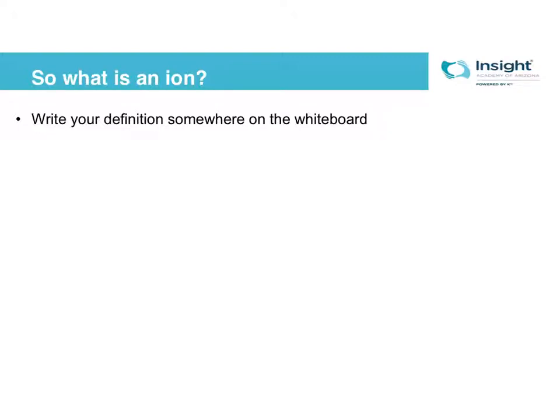How would you define an ion? What's going on when an atom becomes an ion? Pause the video if you need more time to get your definition written out, and I'm going to show what I think would be a complete definition.